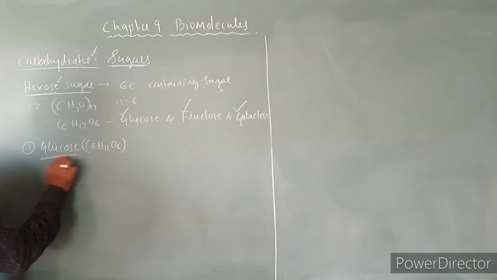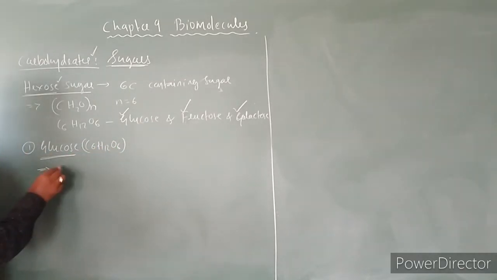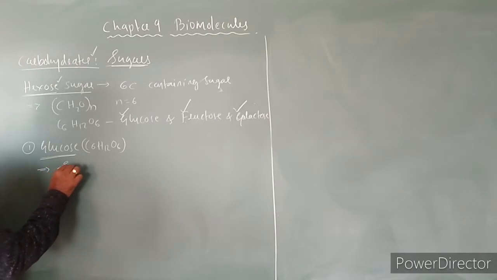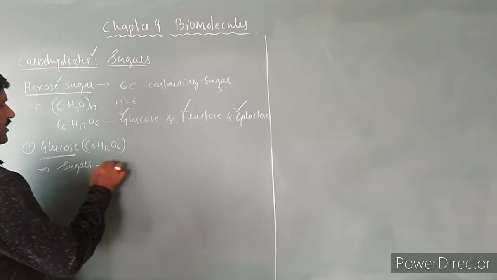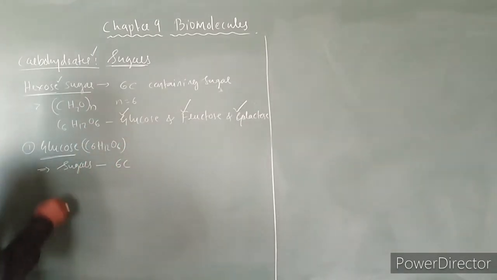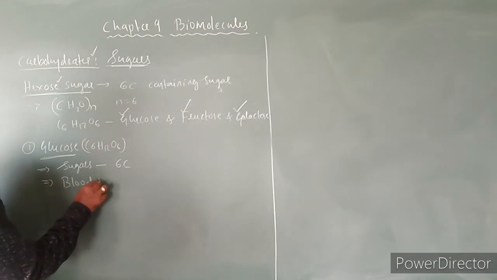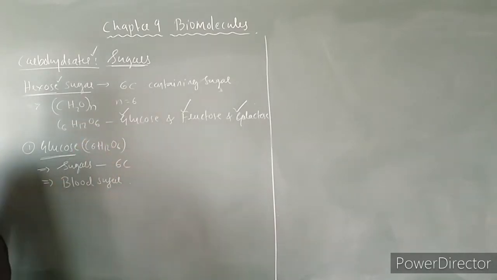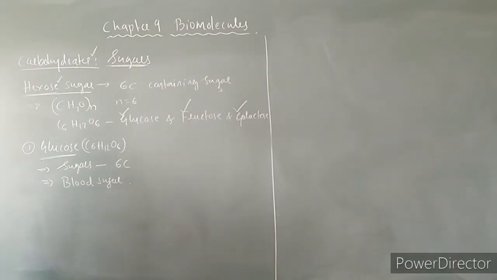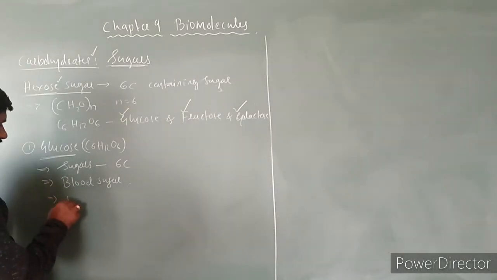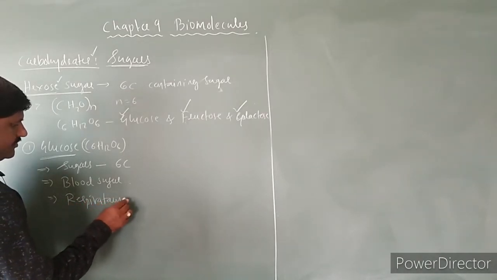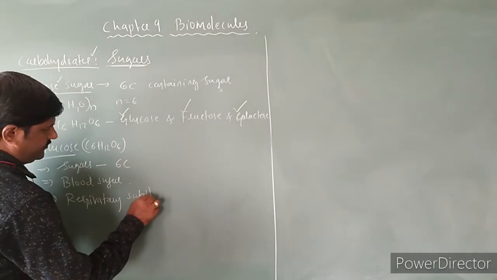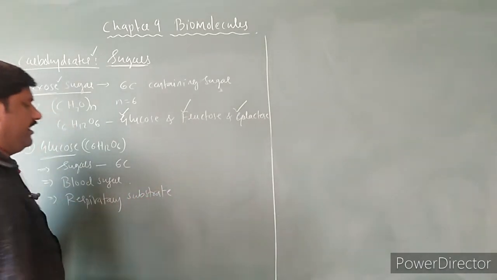This is one of the hexose sugars, which contain 6 carbon atoms, and this glucose is called blood sugar or respiratory substrate.